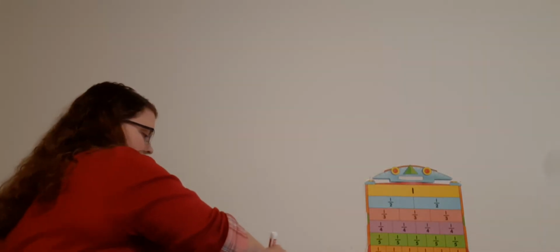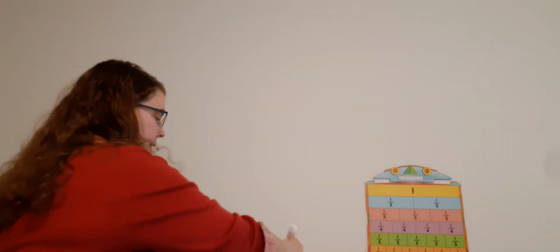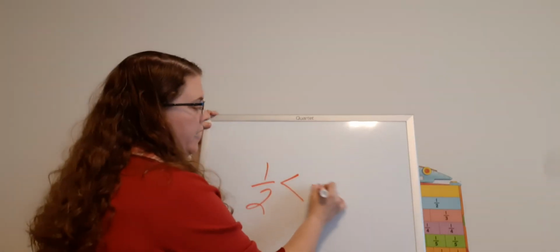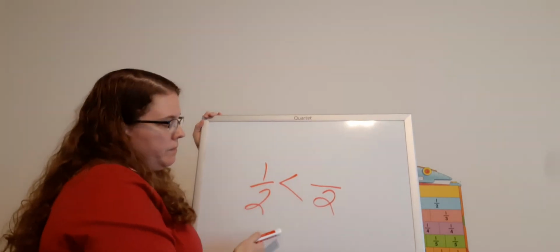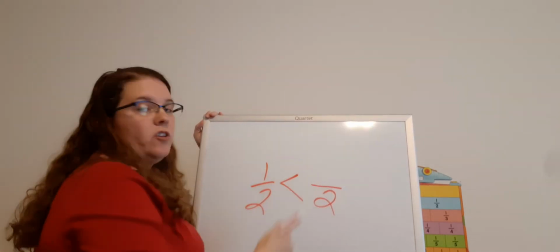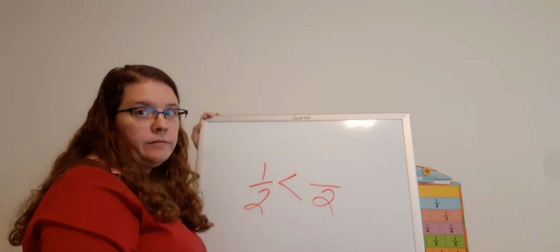We have to write a fraction that is less than, greater than, or equal to the given fraction. So number 10 says 1/2 is less than. Now, we got to keep our denominator the same. So what number would be greater than 1?